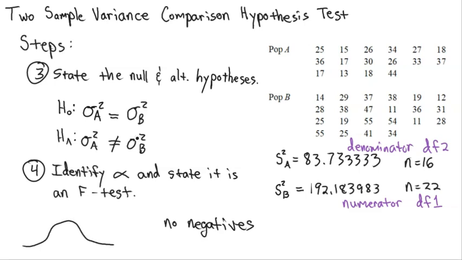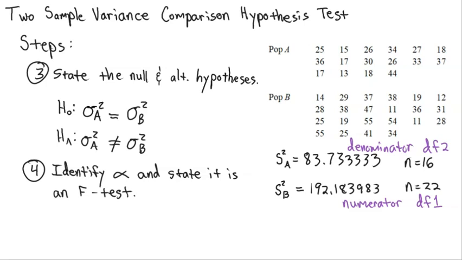Instead of being bell-shaped, it actually starts at the origin and has this weird sort of hump at the beginning, and then it levels off. That's what the F distribution looks like. And I know what you're thinking, Mr. Ryan, are you going to give us another one of those tables? No, we're actually going to use Excel to identify our F statistic.